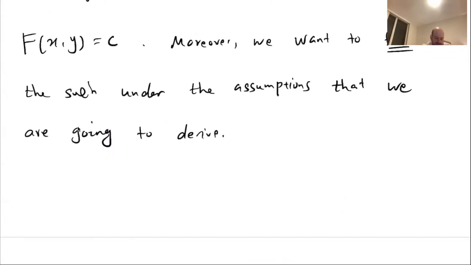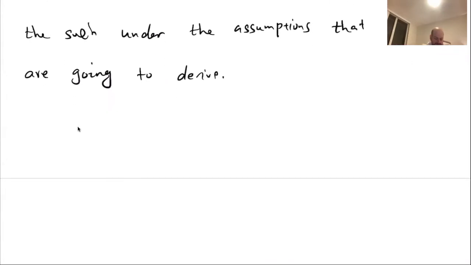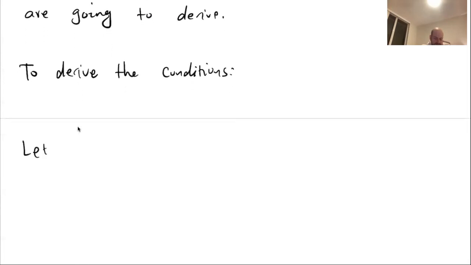So let's start to derive the conditions. Let's start with this equation, F of x and y equals c. Then I'm going to differentiate both sides with respect to x.